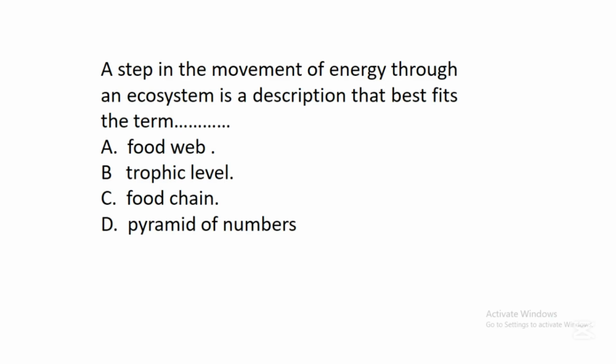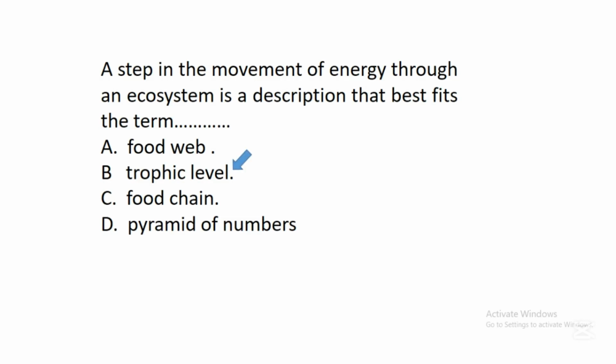The next question says, a step in the movement of energy through an ecosystem is a description that best fits the term dash. A. Food web. B. Trophic level. C. Food chain. D. Pyramid of numbers. In this question, the correct answer is B. Trophic level.